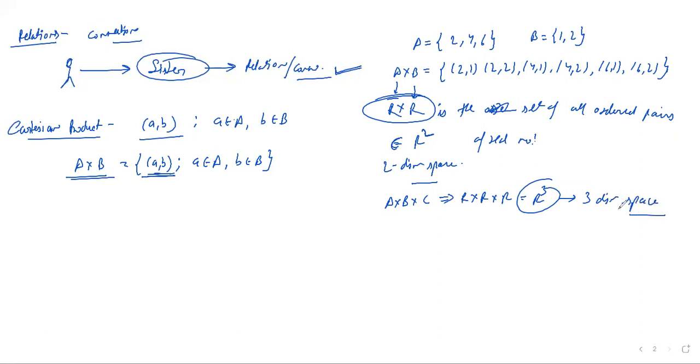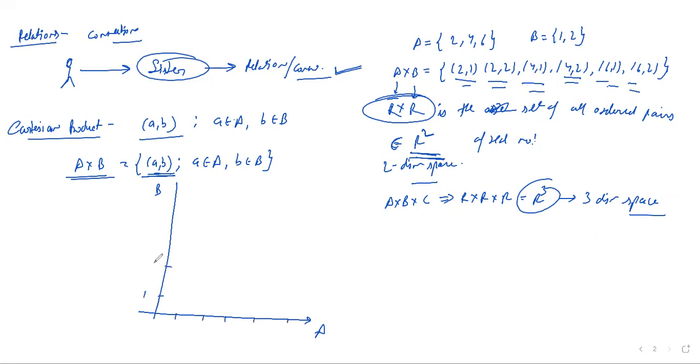The ordered pairs we get here are points in the plane, since they come from R square, which is two-dimensional space. These can be pointed out easily. Let's say it is A and B, and I am plotting all these ordered pairs in this two-dimensional plane.